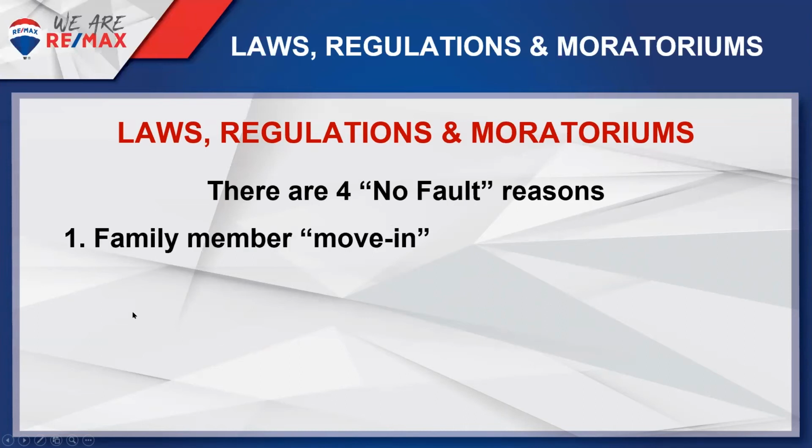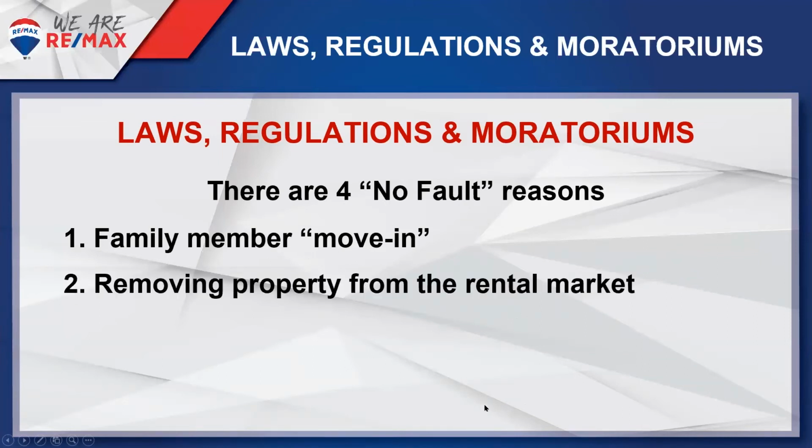One is, in the no fault, the tenant didn't do anything wrong, but the landlord has these rights. A family member move in. So my children, my grandchildren, my parents, or my grandparents, I could displace a tenant who's on a month-to-month rental with a 60-day notice to put my direct family in the property. I can remove the property from the rental market.